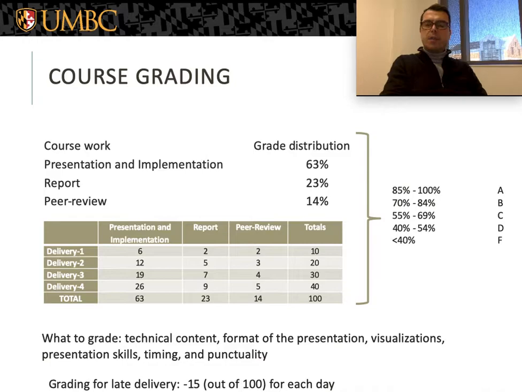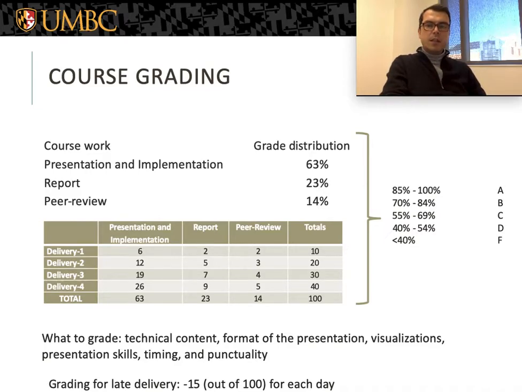So, how about this grading mechanism? I have a very nice Excel sheet. Actually, it's like a Google spreadsheet, which does all the automatic grading. So at delivery 1, you'll get 10 points, delivery 2, 20 points, delivery 3, 30 points, and delivery 4, 40 points, and at the end you will have 100, right?